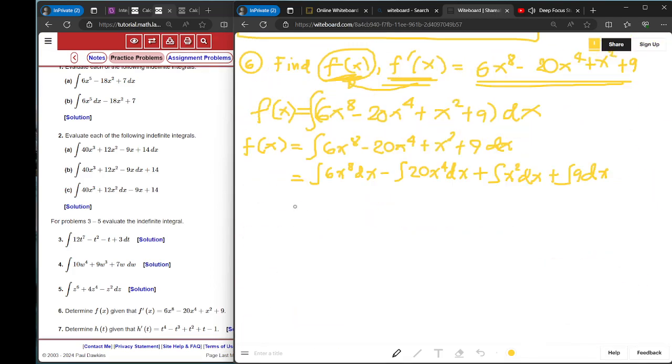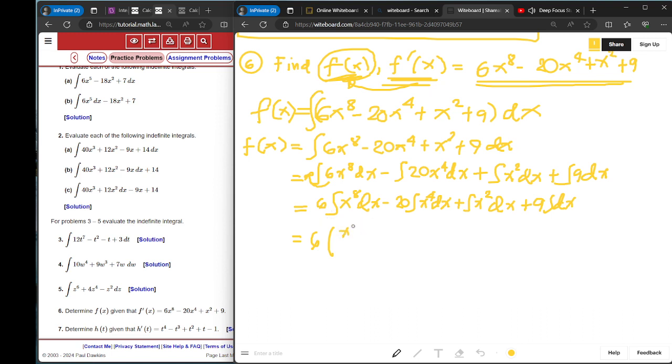So let's have, but before that, we'll have to move out the constant values. So this will become 6 times the integral of x to the 8th dx, minus 20 times the integral of x to the 4th dx, plus the integral of x squared dx, plus 9 times the integral of dx. Let's integrate now.